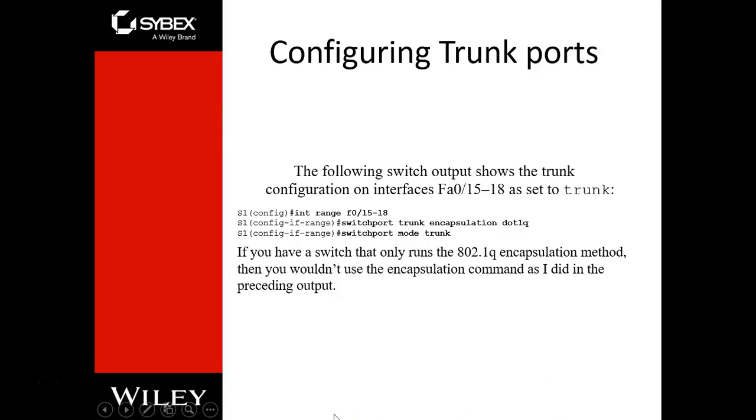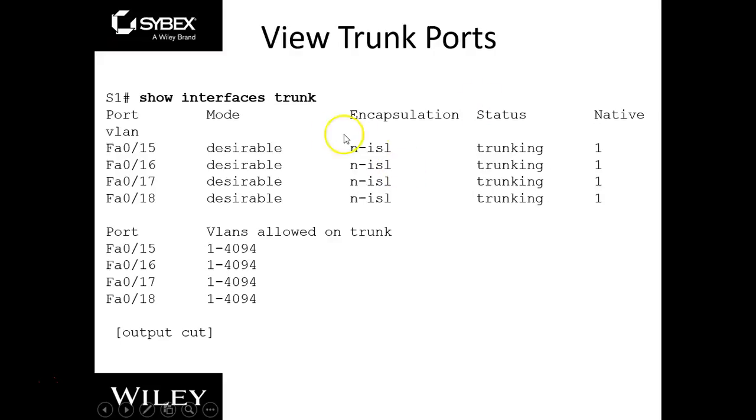The trunk ports, and I think this is a repetition. Interface range FA0/15 to 18, switchport trunk encapsulation dot1Q, switchport mode trunk. Again, you have to do the encapsulation before you make it a trunk port. Viewing the trunk port: show interfaces trunk.